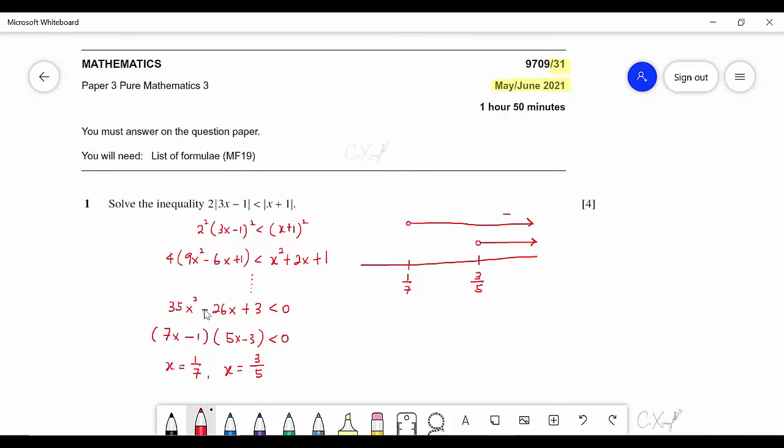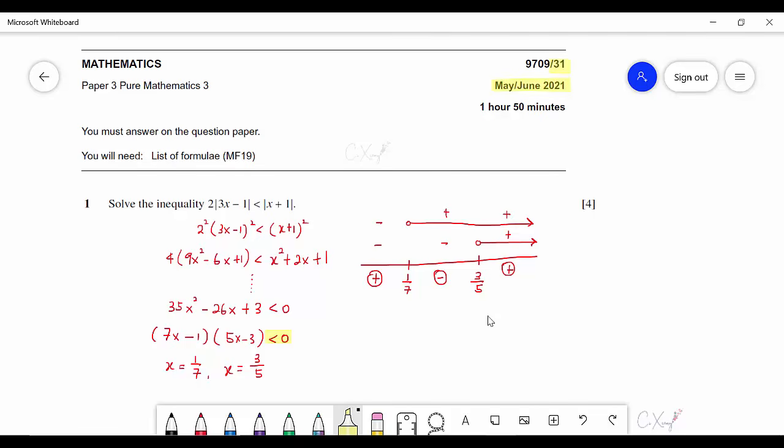The part with the arrow is positive, and the part without the arrow is negative. Positive multiplied by positive gives positive, positive multiplied by negative gives negative, and negative multiplied by negative gives positive. To decide the final answer, you have to look at the quadratic inequality and the final sign before you draw the number line.